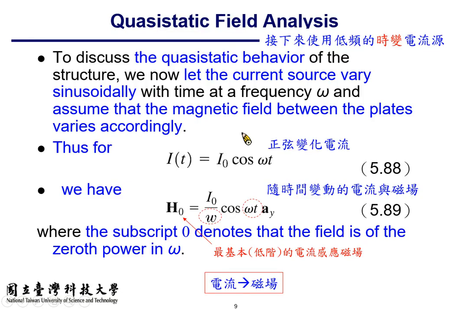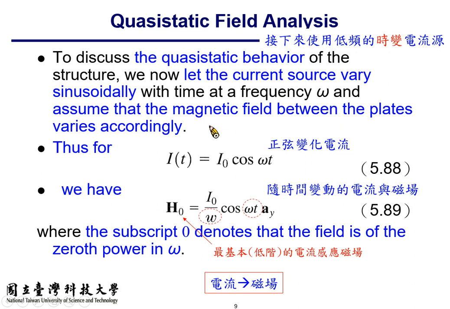Okay, we just described the basic geometry of this inductive structure, and we also performed the analysis using a DC current source. Now, to make this problem a little bit more interesting, we will apply a time variant current source, a time variant current signal.